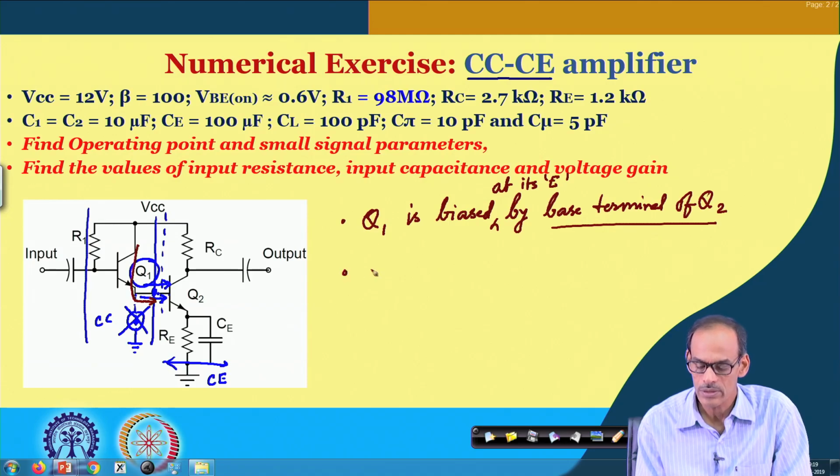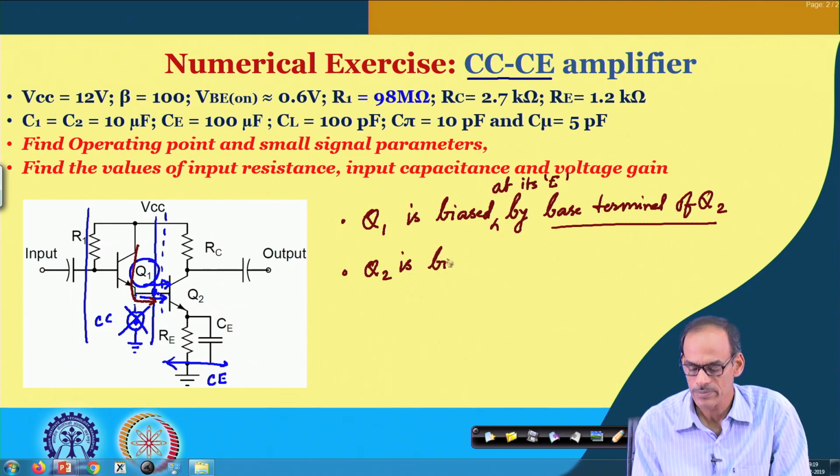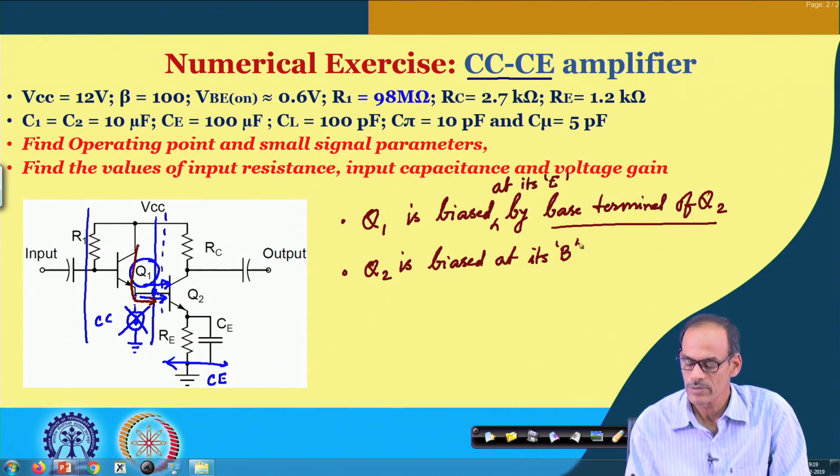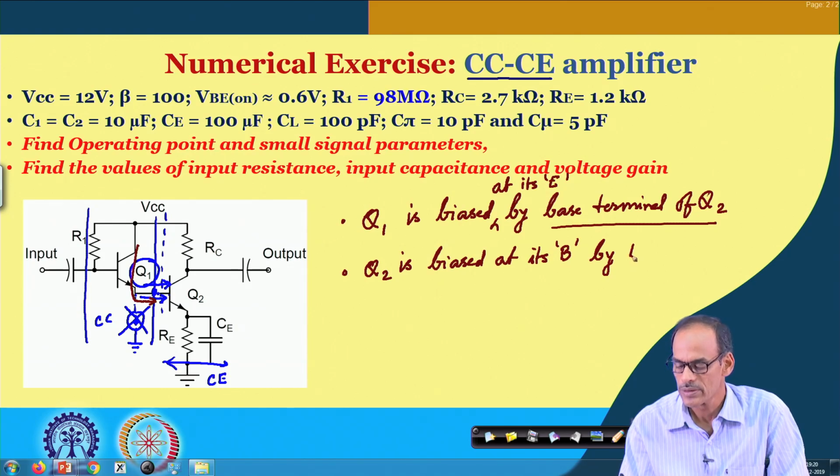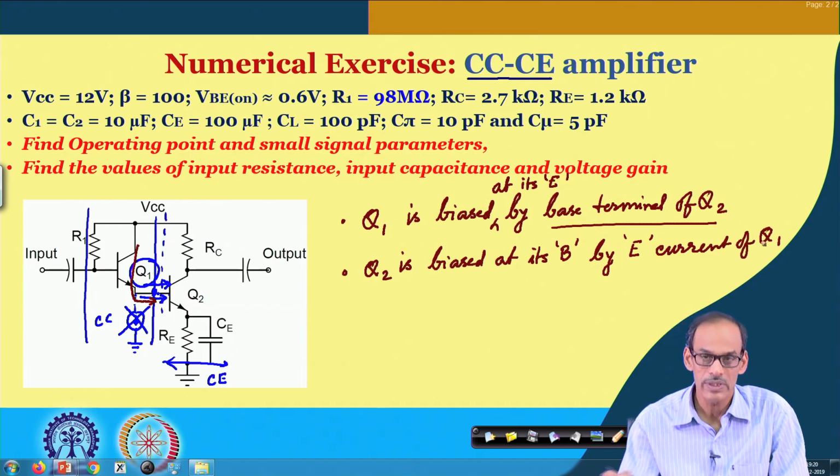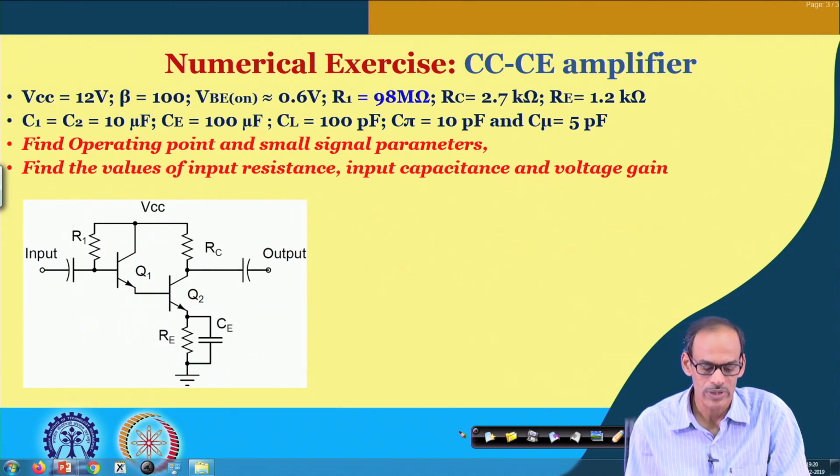On the other hand, Q2 is biased at its base terminal by the emitter current of Q1. So, they are helping each other to have mutual bias, and hence we can simplify the biasing arrangement. That is what we have, a very simple bias here.